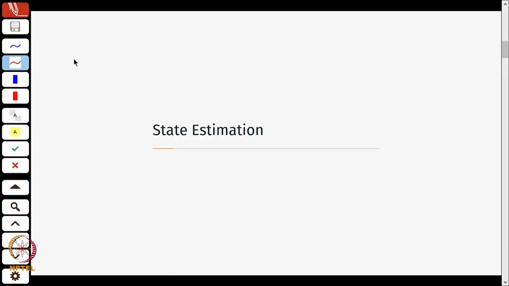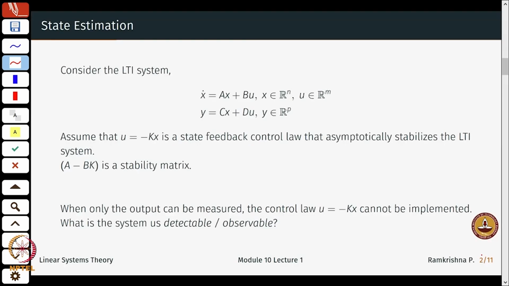Okay, so this is to do with the concept called state estimation. Why do we need this state estimation? We start as usual with the LTI system, x dot is Ax plus Bu. Similarly, you can also do it for the discrete time version, so nothing really changes. The standard control problem which we saw until now was to design a state feedback controller of the form u equal to minus Kx such that A minus BK is either a stability matrix or also has eigenvalues at some desired locations.